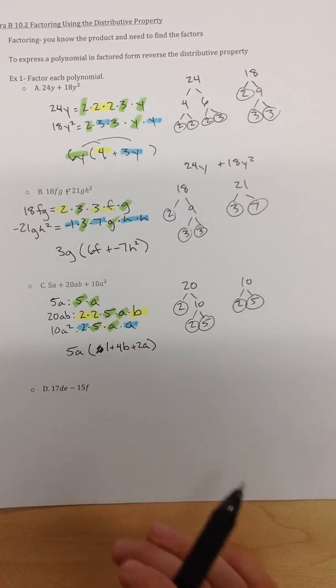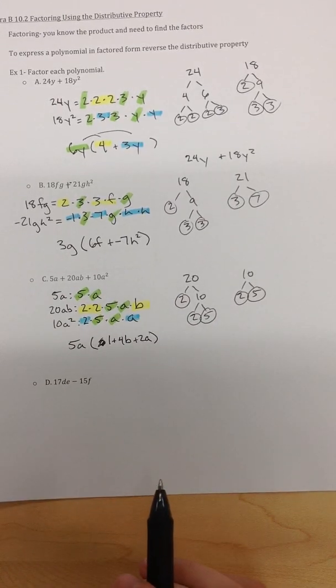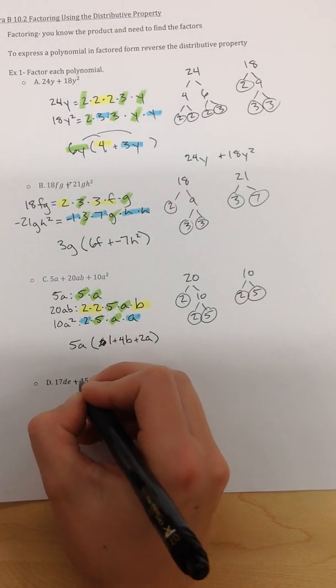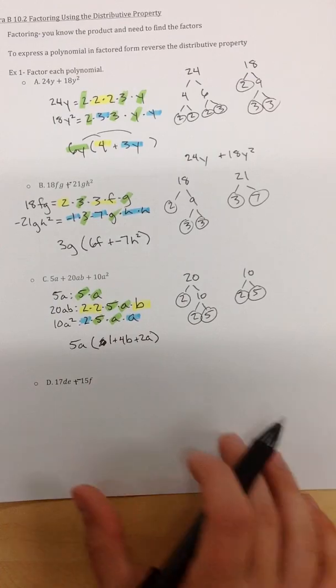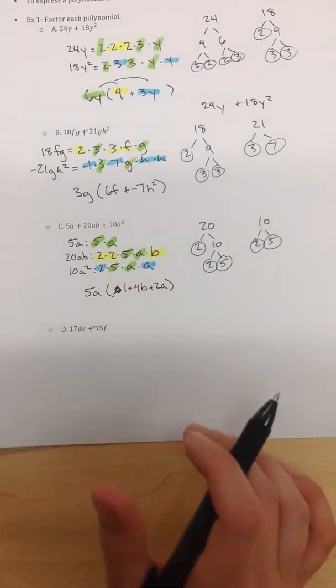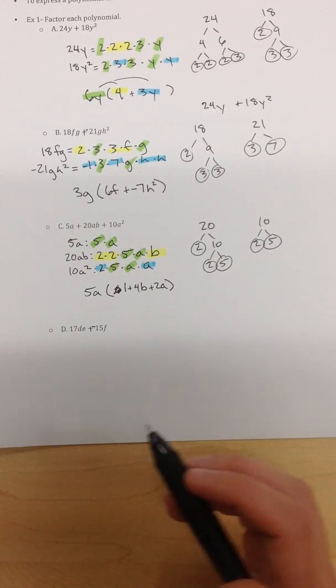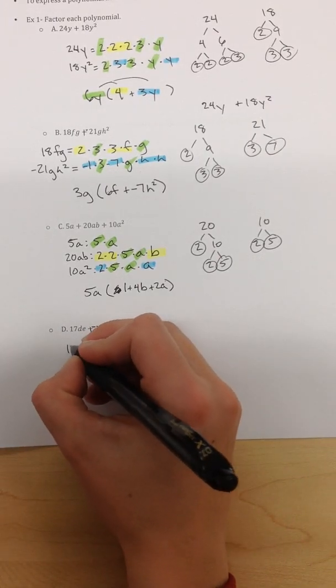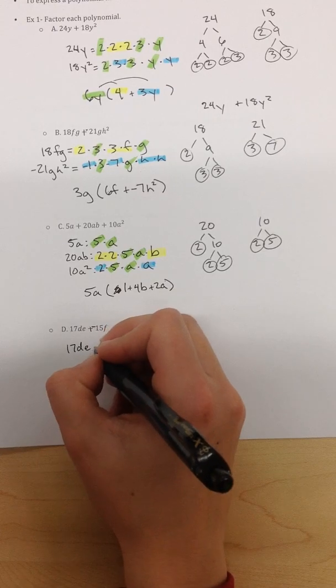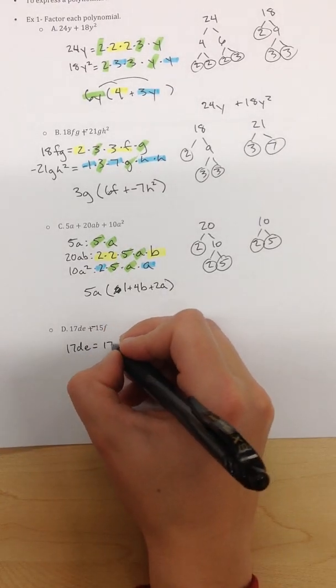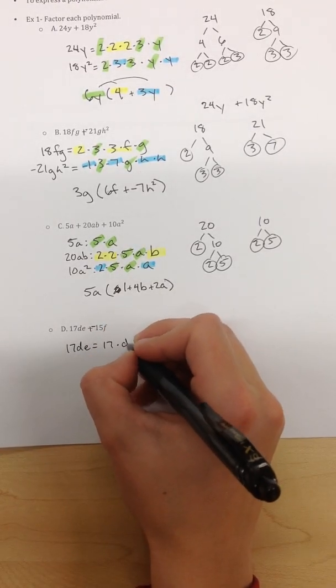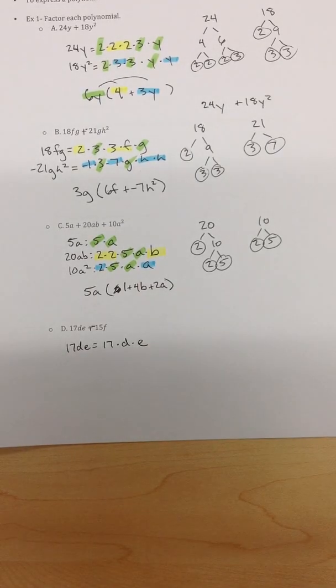All right, next one here, we've got 17de minus 15f. So I'm going to change that minus 15 to plus negative 15. 17 is prime, so I can't really do a factor tree with that, so I'm just going to write 17de is equal to 17 times d times e.